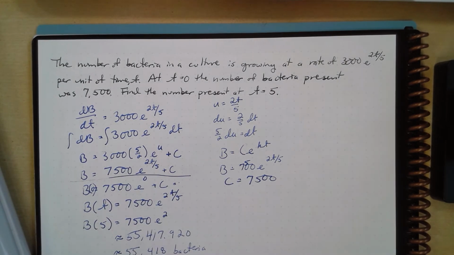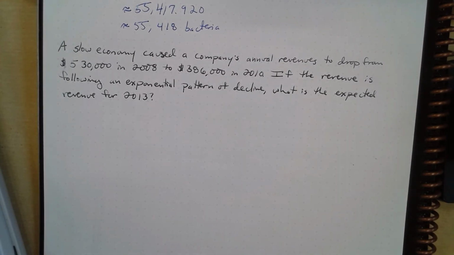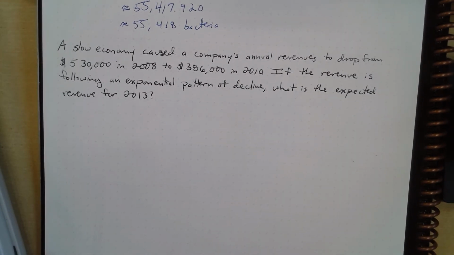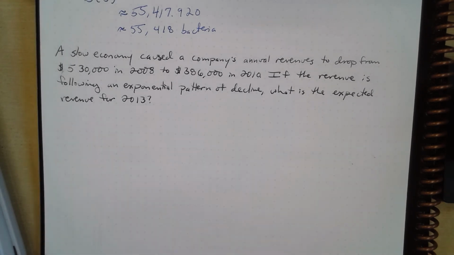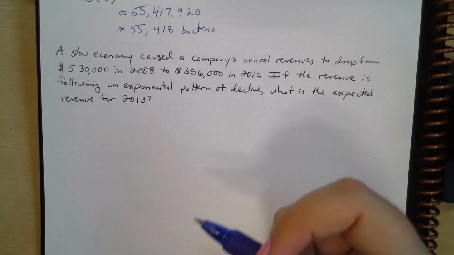They're growing. Okay. Let's talk about growth and decay in terms of the economy. A slow economy caused a company's annual revenues to drop from $530,000 in 2008 to $386,000 in 2010. If the revenue is following an exponential pattern of decline, what's the model expected in 2013?